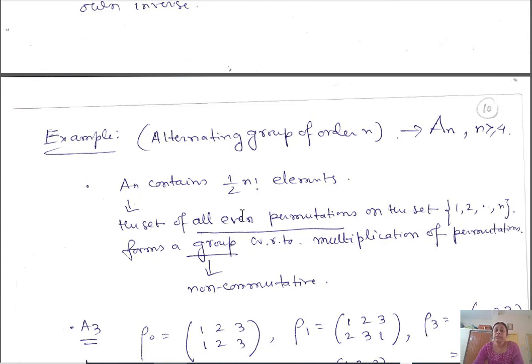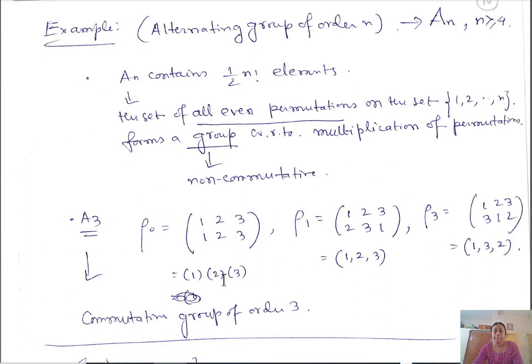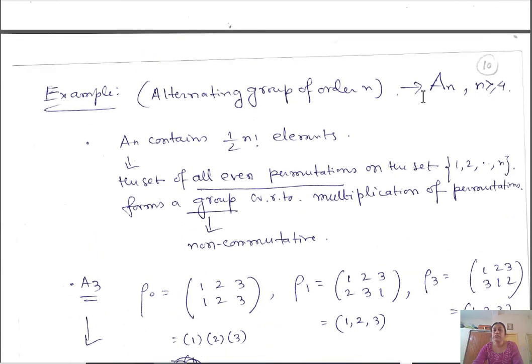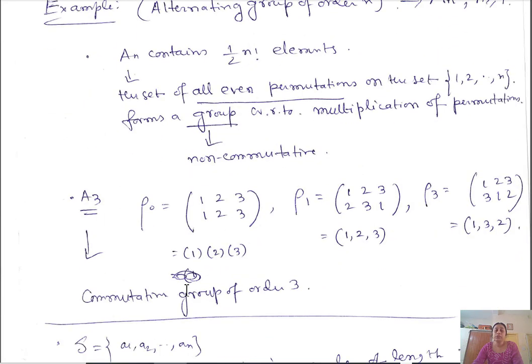If you consider this subset of half factorial n even permutations, that constitutes a group with respect to the multiplication of permutation. This is a non-commutative group for n greater or equal to 4. If you take A3, the same thing will form a group, but it will be a commutative group.